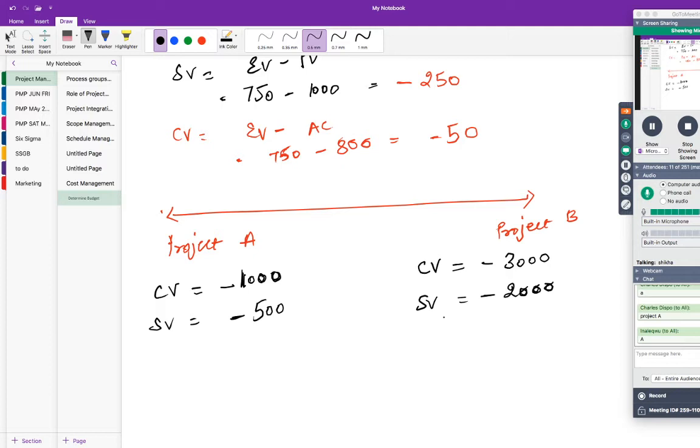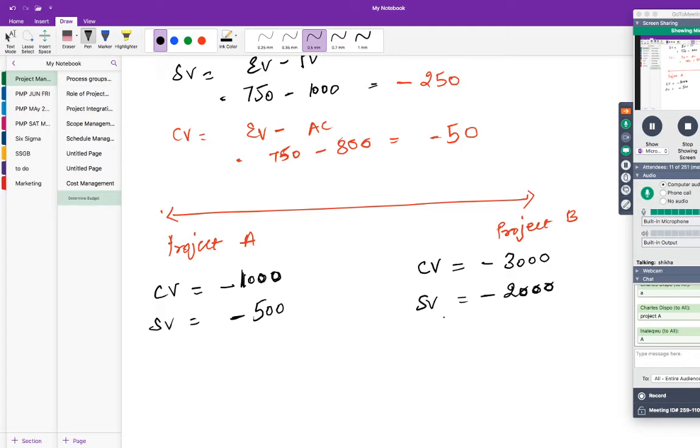It does not tell you the percentage. When you want to compare two projects, you want the proportion. Only with the proportion, you should ask the question, on what, right? Only then you can compare.